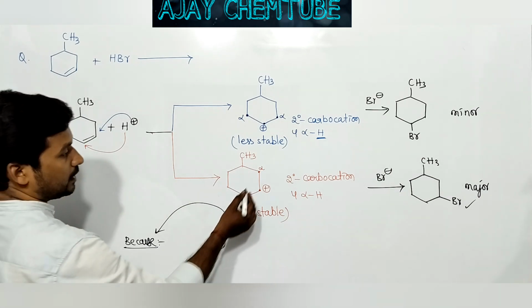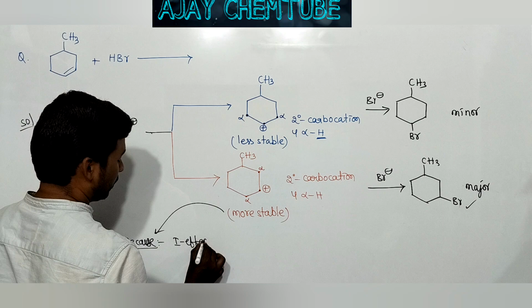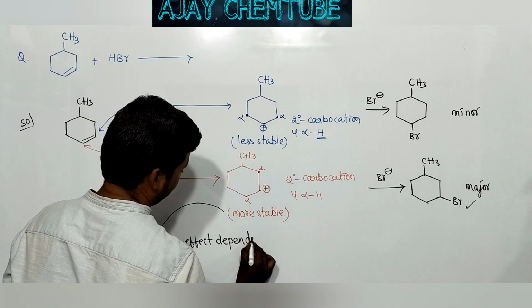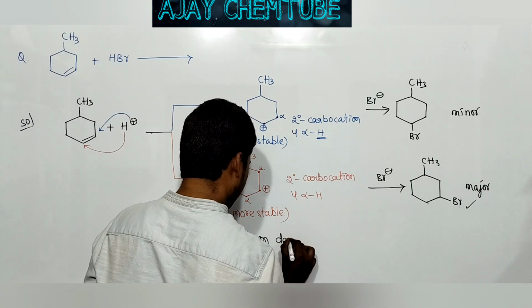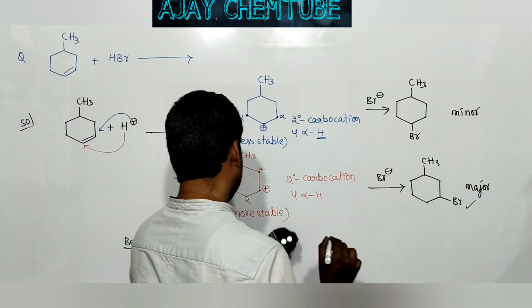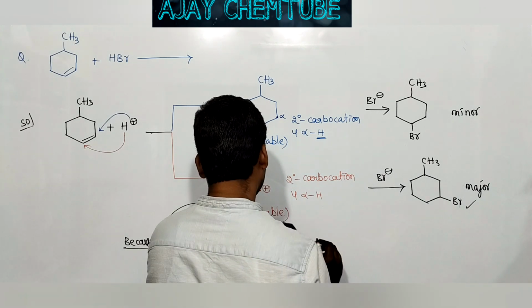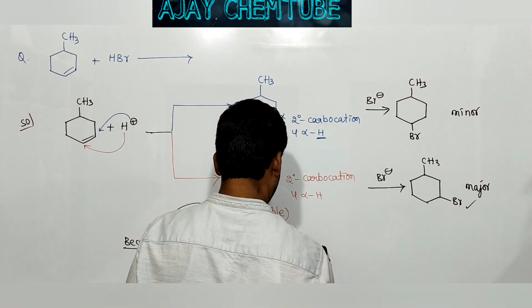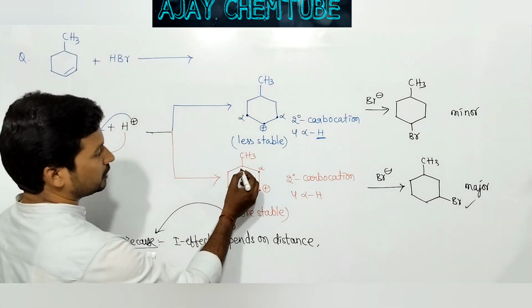Why? Here, generally inductive effect depends on distance. Inductive effect depends on what? Distance. As the carbon chain distance increases, the effect changes. So here, this is what? This is a plus I group.